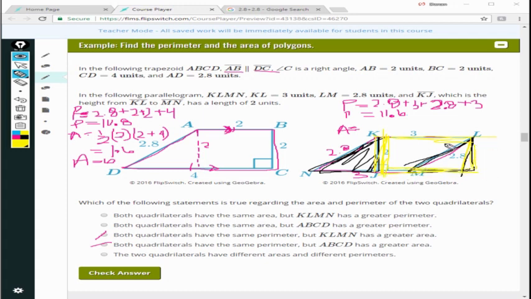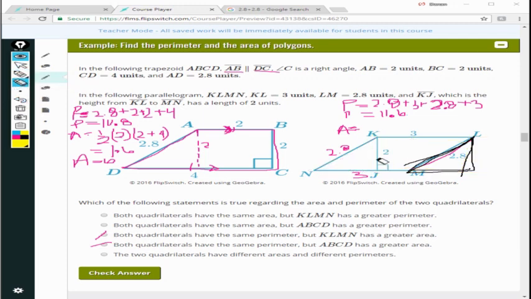And so the base times the height, that's where that formula comes from, is they just rearranged a part of the parallelogram over because it's the same area.